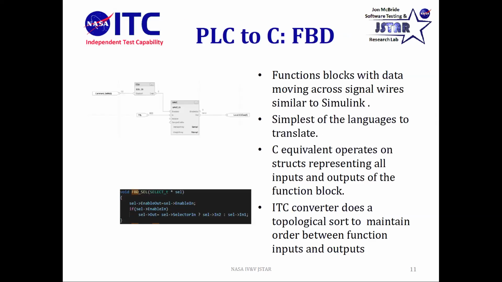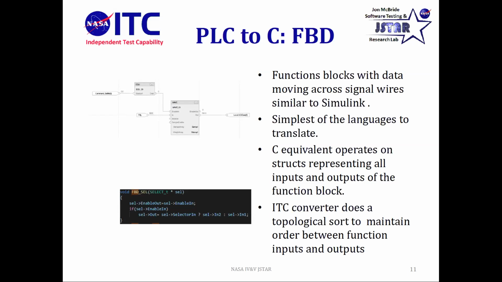Okay, so the second language that we chose to work with was FBD. FBD is very similar to Simulink for anyone that's used that. It's function blocks with data moving across signal wires. It was actually the simplest of the languages for us to translate. The C equivalent operates on structs representing all inputs and outputs of the function blocks.